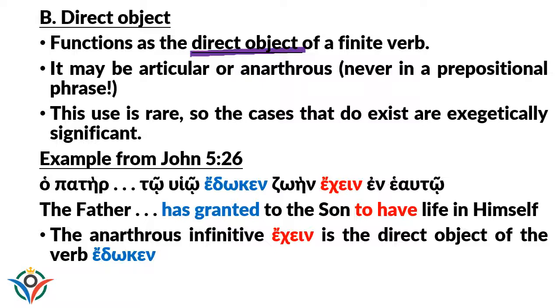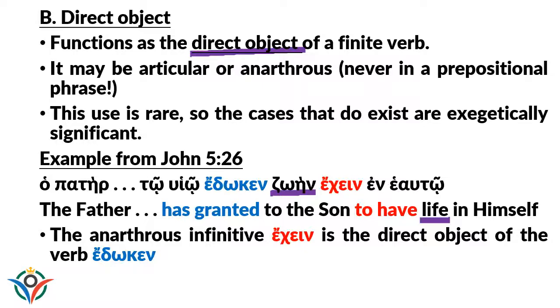So this is a very interesting verse if we look at the grammar here. John could have said, the Father has granted to the Son life in himself, because we have there zoen in the accusative case, which could have been sufficient as a direct object of the verb edoken.